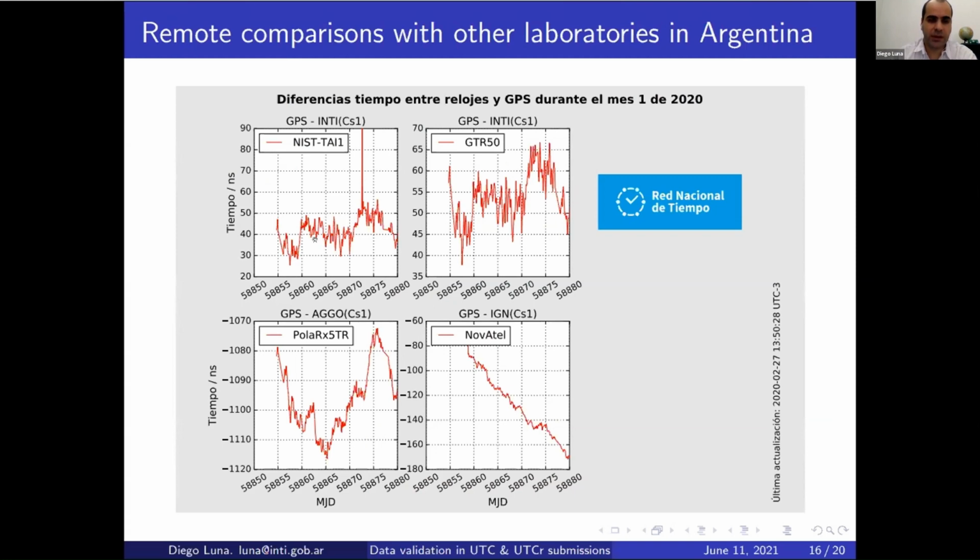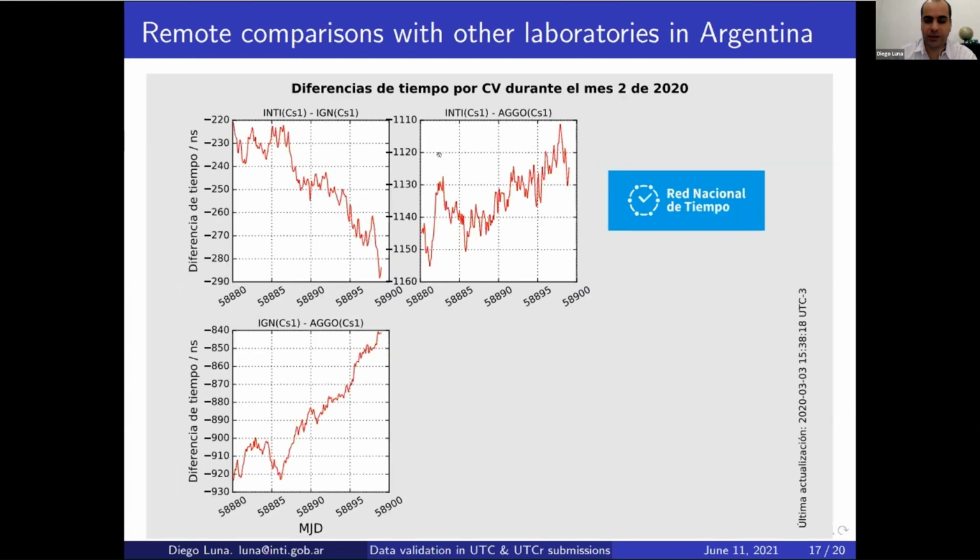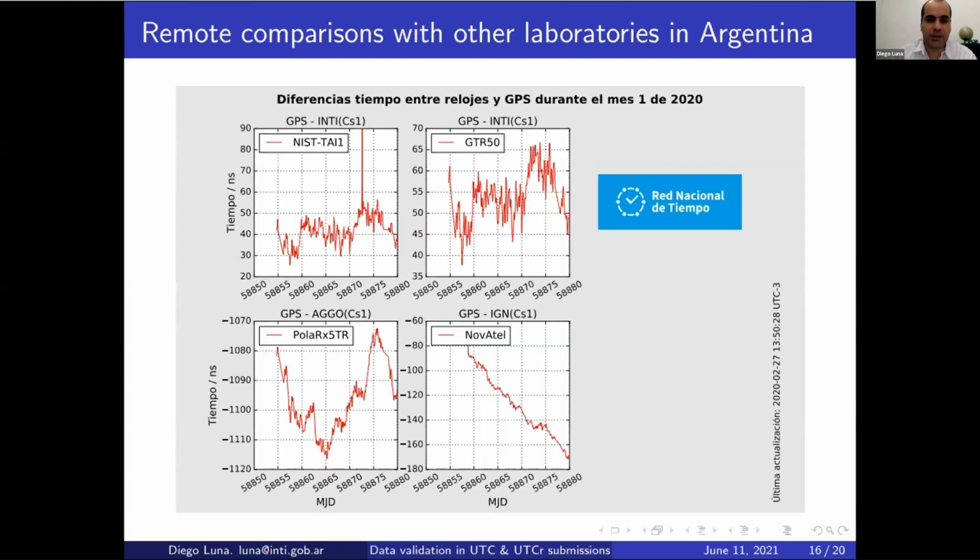And you can see here, for example, the time difference between GPS and clock 1 of INTI, and the same measurement with a different receiver. This is the receiver we use to contribute to UTC, and this is another receiver we use to internally check our measurements. And you can see, for example, in here, a peak.